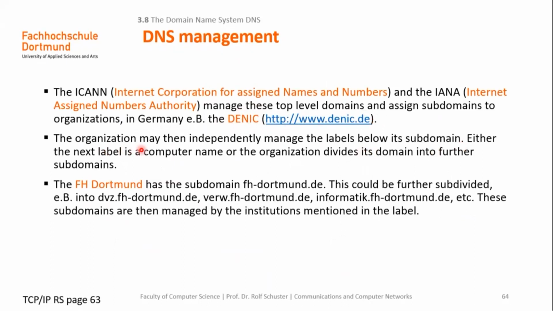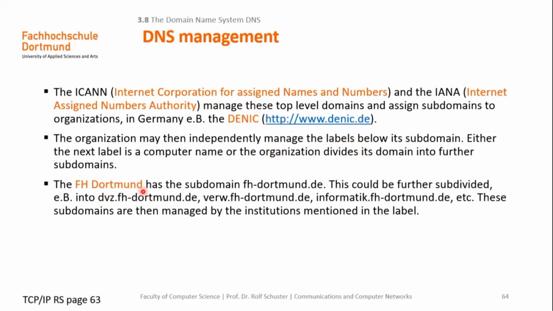The organization may then independently manage the labels below its subdomain. For instance, the NIC will manage subdomains under the top-level domain. For instance, one of the subdomains could be Fachhochschule Dortmund or TU Dortmund. Either the next label is a computer name or the organization divides its domain into further subdomains.